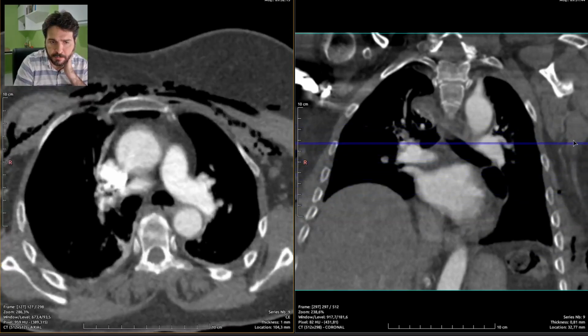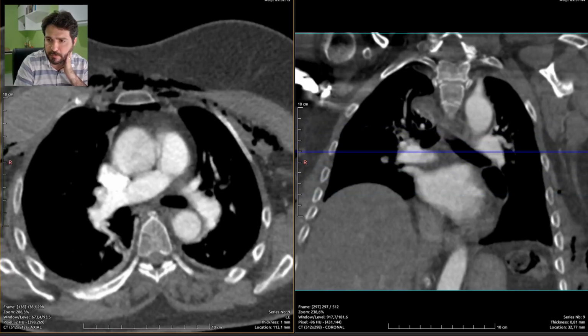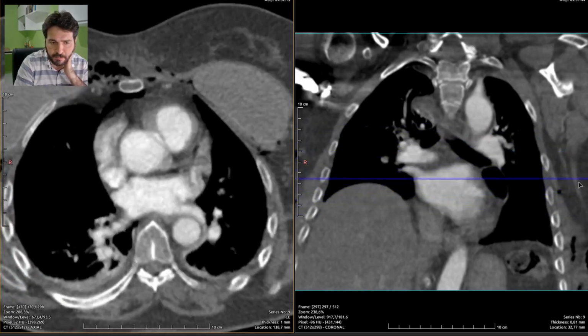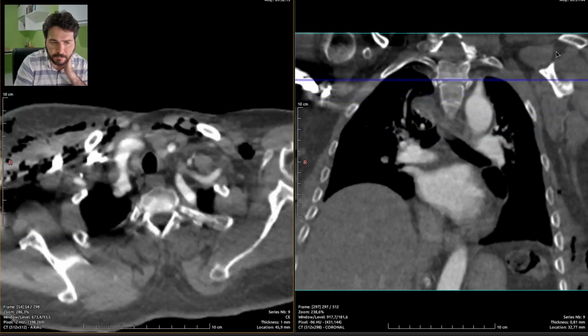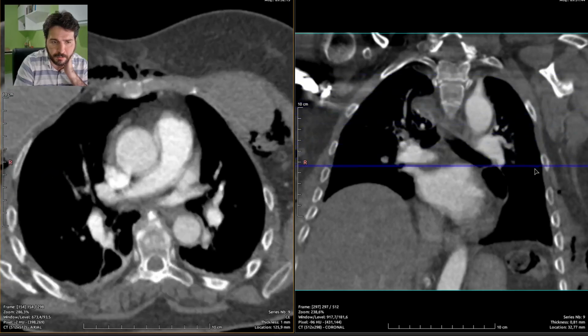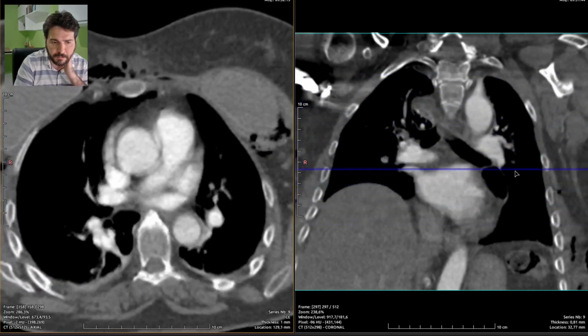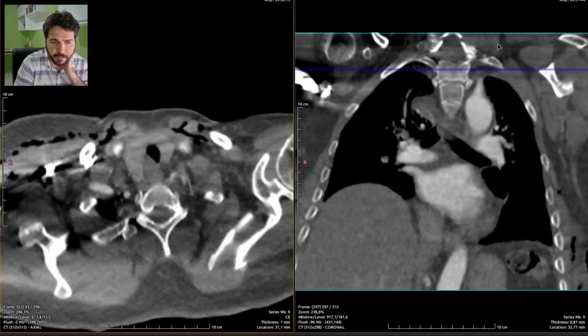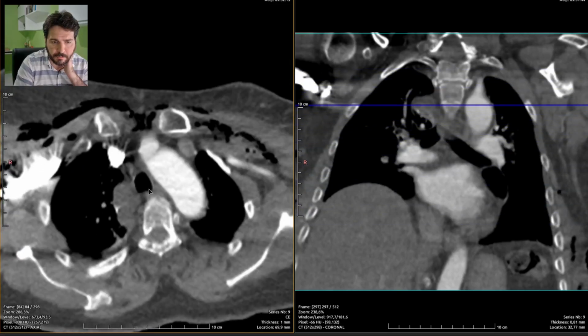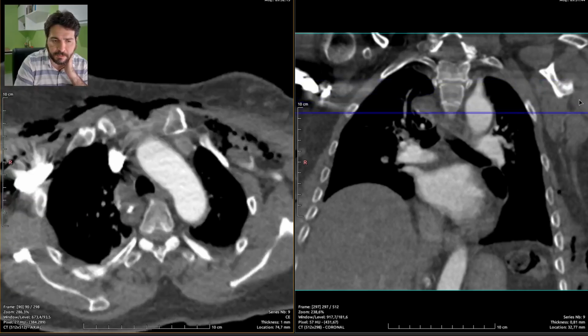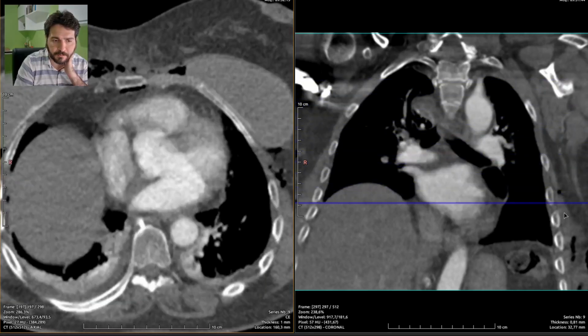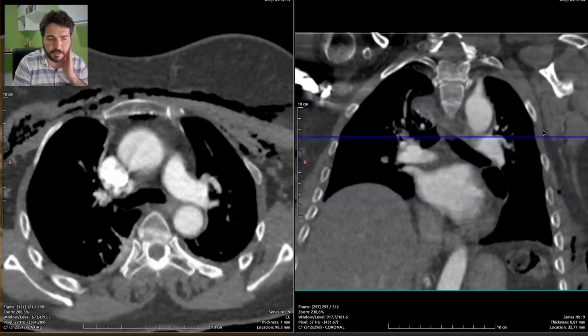Yep, no signs of pulmonary embolism on the left. There is a lot of lung and pleural disease, but that's not the focus. Also some adenopathy here, but this is not the focus of this exam.